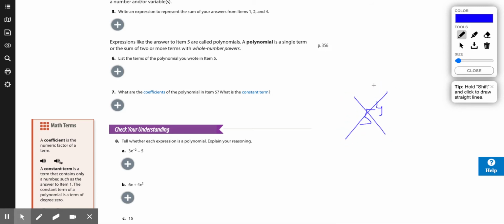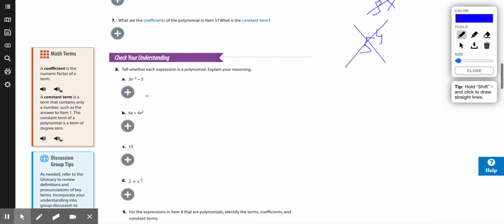No. 3x to the negative 2. No, not a polynomial. 3x to the 1/3. No, not a polynomial.